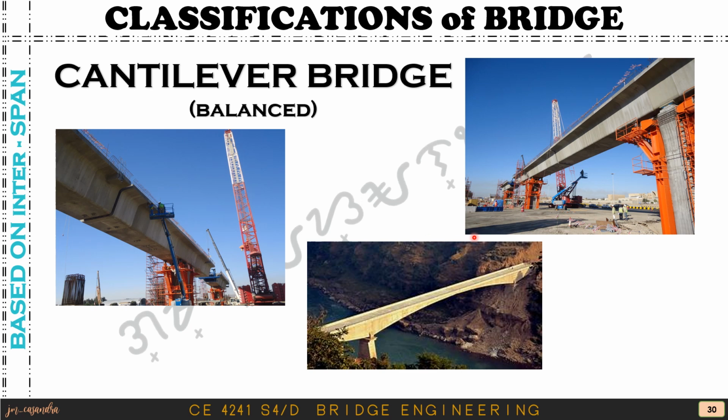We could also have a series of balanced cantilevers for a bridge, but as you can see, they are not connected by a suspended part. This is an example. This is your cantilever arm, then this is another cantilever arm.